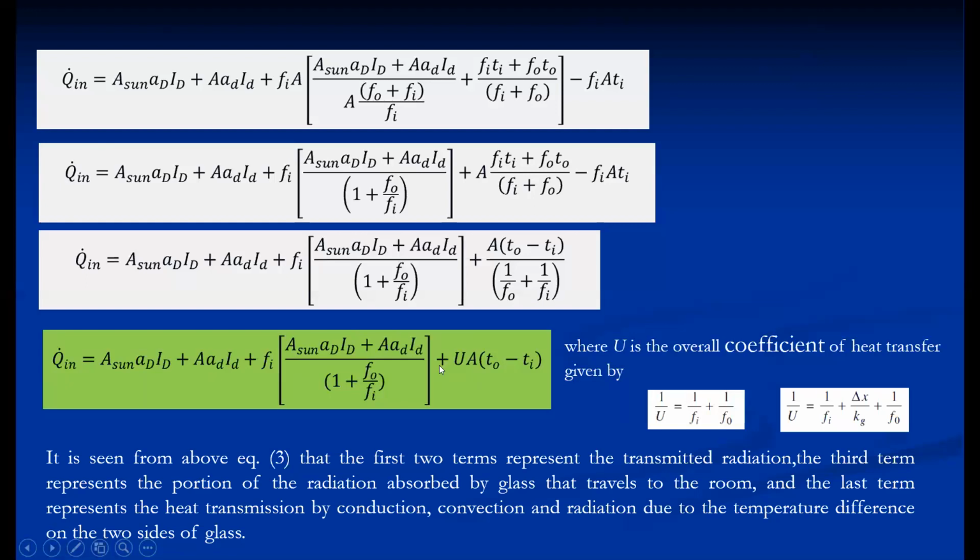The third term represents the portion of the radiation absorbed by the glass, so this is an absorption component, travelling to the room. And the last term represents the heat transmission by conduction, convection, and radiation due to the temperature difference on the two sides. So this particular equation is used to calculate the heat gain due to fenestration, or heat gain to a glass structure.